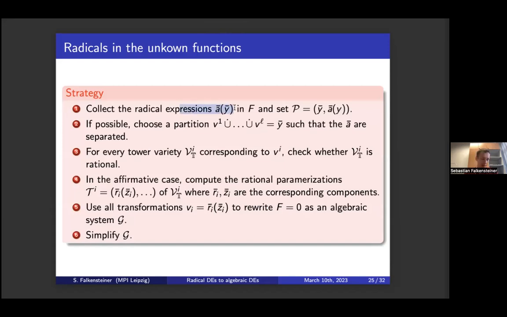We collect radical expressions and then try to find such a partition or subset, then consider all the tau varieties, try to compute rational parametrizations of all of them, and then use the transformations we obtain from the rational parametrizations. This way we get a system, and then we want to simplify this system.